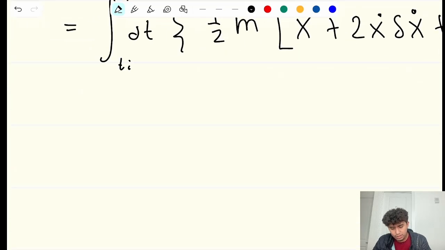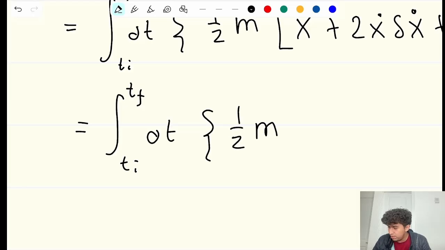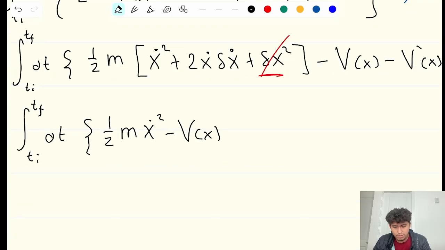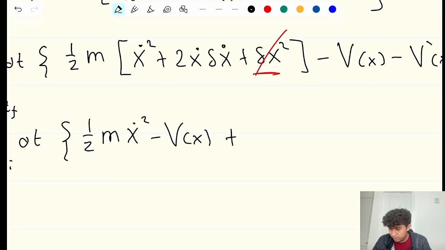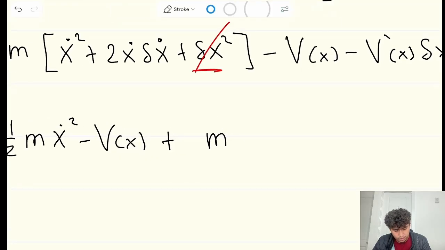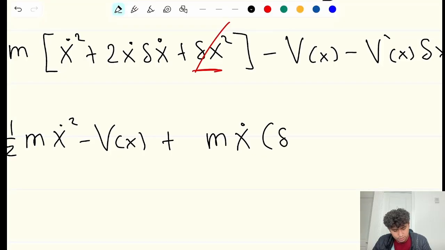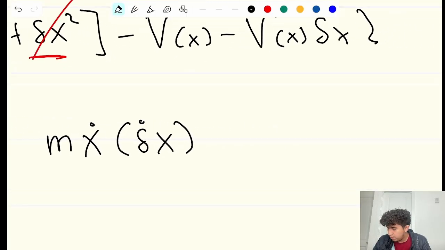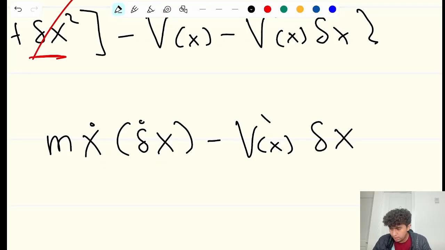Then you can reorder this integral to one half m x dot squared minus b of x. I'm just moving terms around. Plus m x dot times delta x dot, minus b prime of x times delta x.